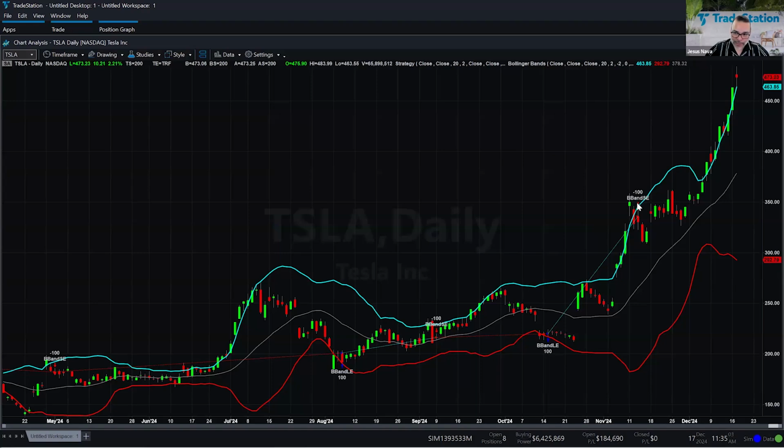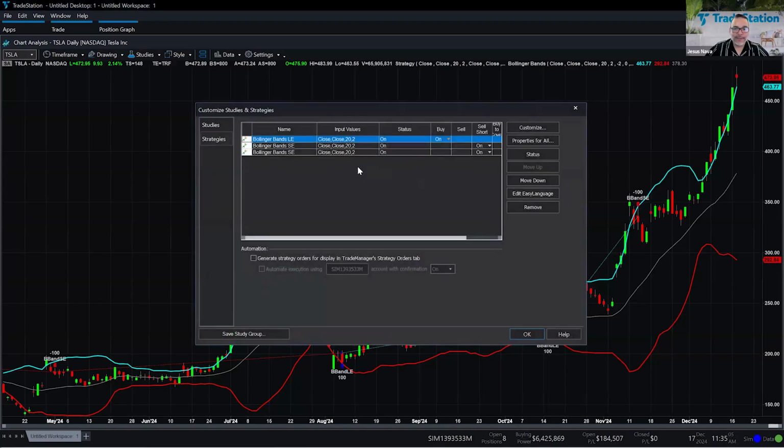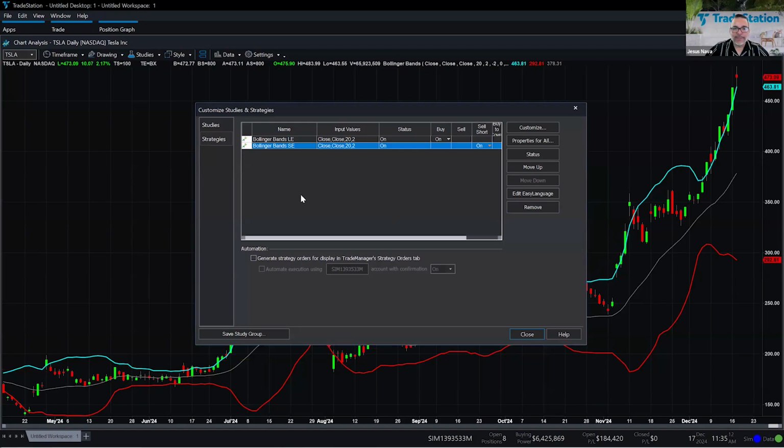Let me go ahead and customize it. I added one SE accidentally. Let me remove that additional one. But the short entry, I can come here and say, instead of leaving the sell short on, I can use the sell short signal as an exit only, which is interesting because remember, we're changing the nature of this particular strategy because it's designed to enter a short trade.